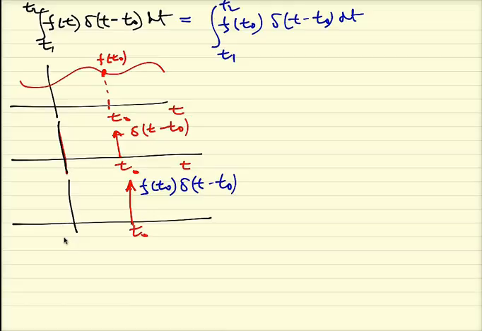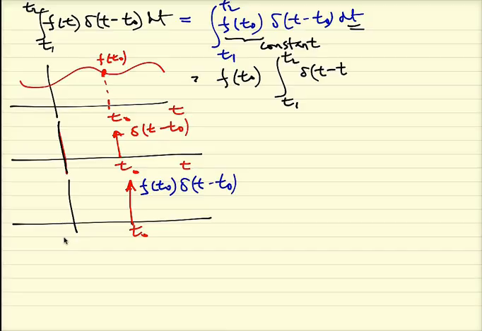Now f(t naught), with respect to t, is a constant, so you can take it out: f(t naught) times the integral from t1 to t2 of delta(t minus t naught) dt.